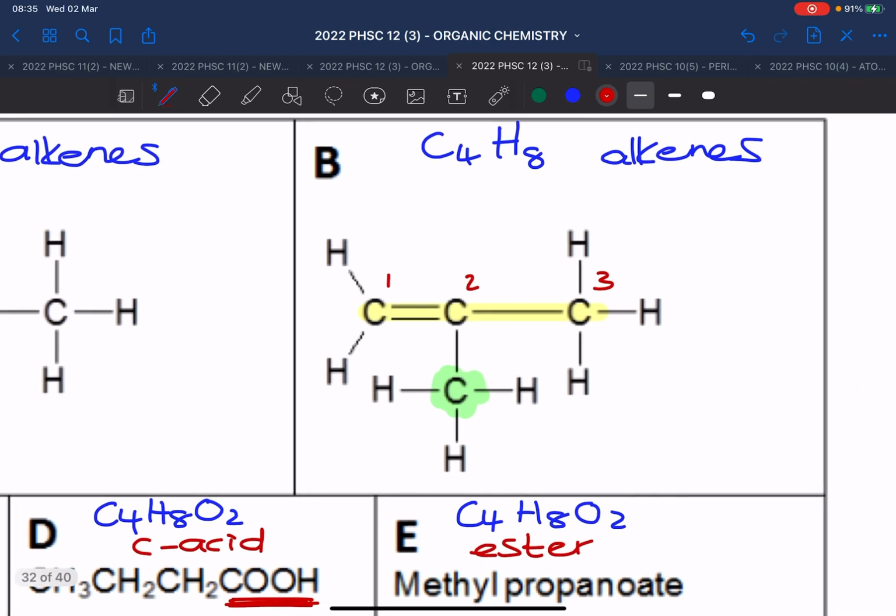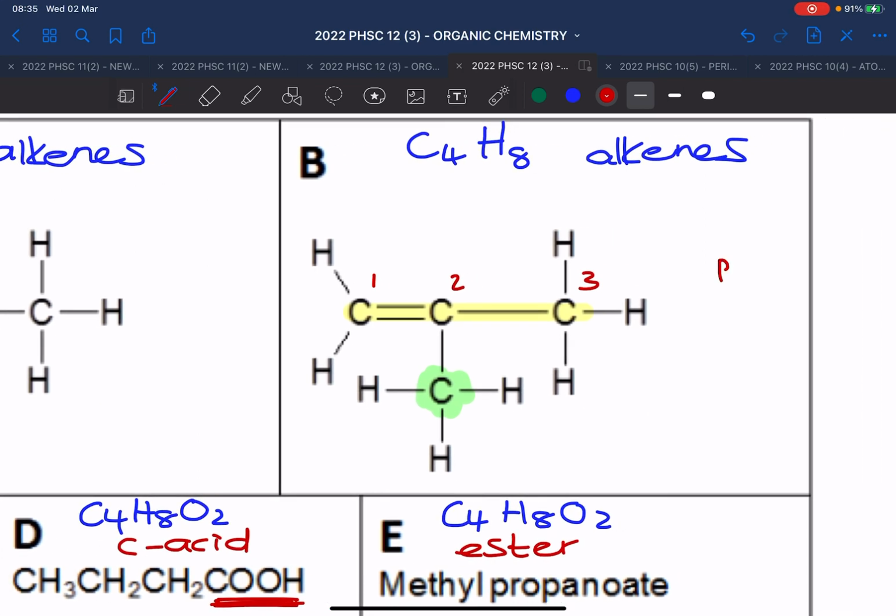The parent chain has 3 carbons, so it will be prop. Okay, and then you see there's a double bond on the first carbon. So are you going to write prop-1-ene? No, because if the double bond was here, then you'll start counting on that side. Then it will be again 1. Okay, so it's propene. You can write prop-1-ene, but it's not necessary.